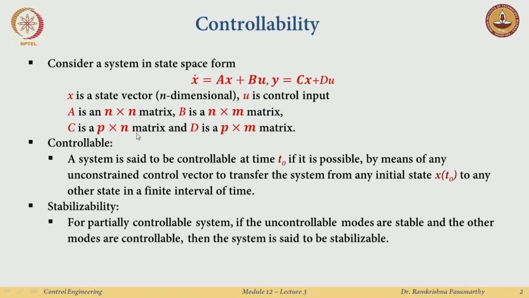C is a p cross n matrix given that y is a set of p outputs. I'll just write it down here. So y is the output vector and could be a p vector, and the input is an m vector.